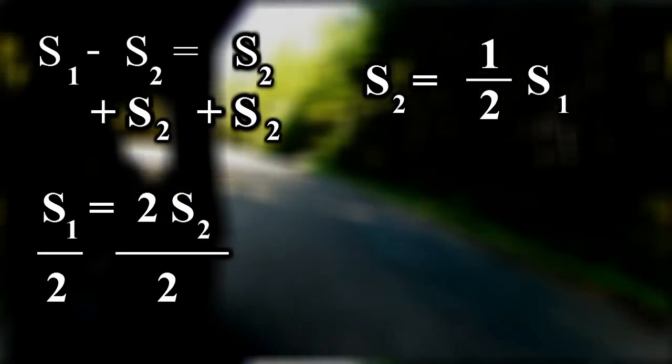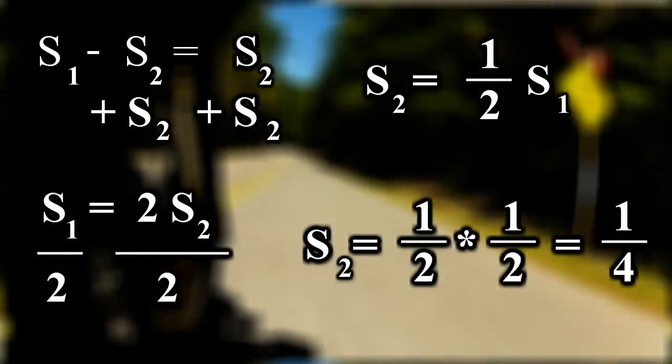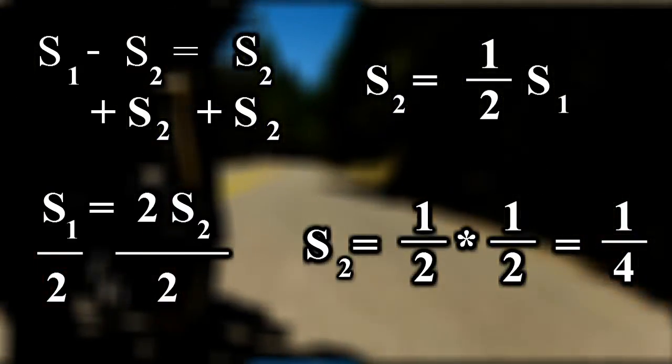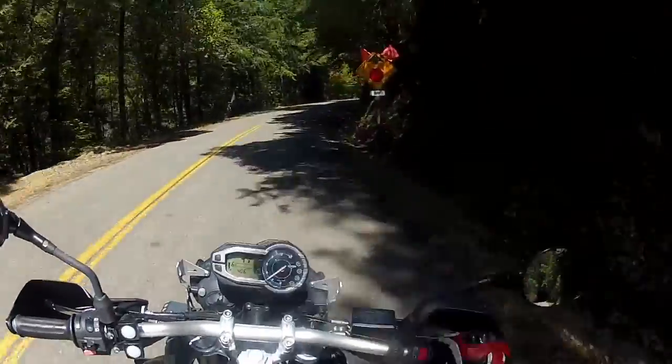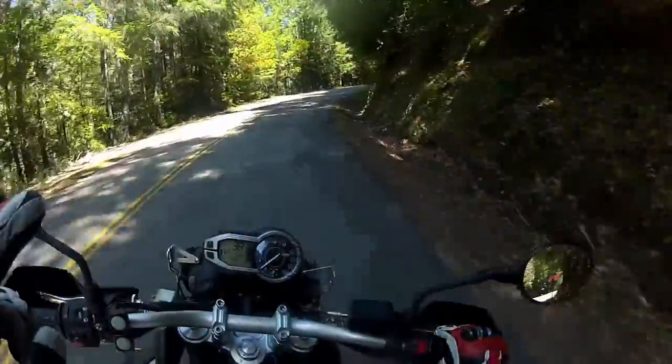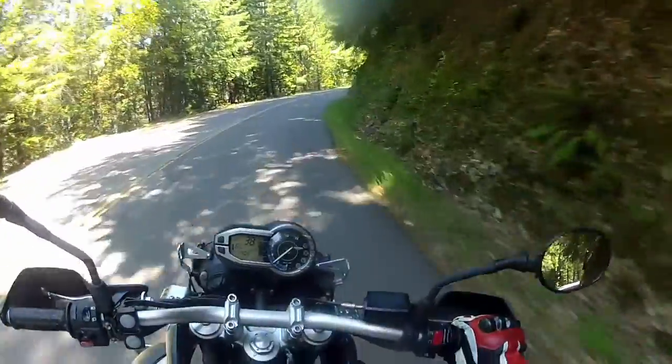We're going to divide by 2 again, and we're going to see that 1/2 of S1 equals S2. Right, so what was the value of S1 that we found before? A half. So 1/2 times 1/2 is 1/4. We're nearly there, right? We now have that S1 equals a half, S2 equals a quarter.